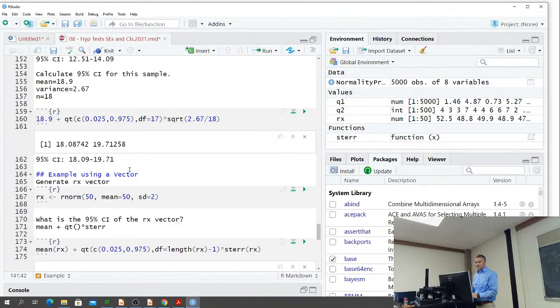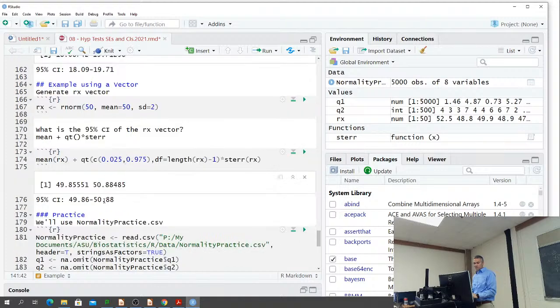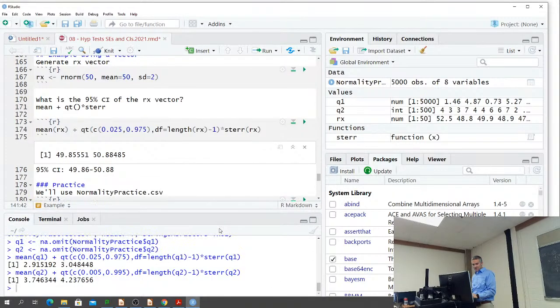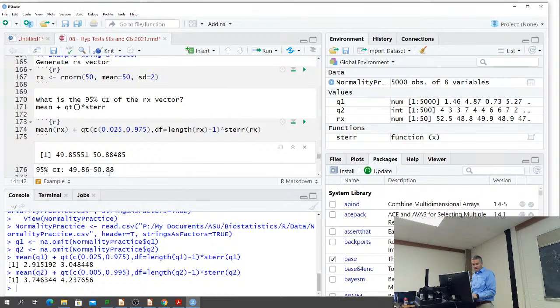No, probably not. So I'm going to go to this RX vector, and we're going to check that. The RX vector we have, that was our confidence interval. So we had 50 values.